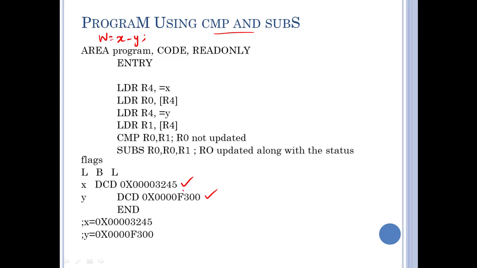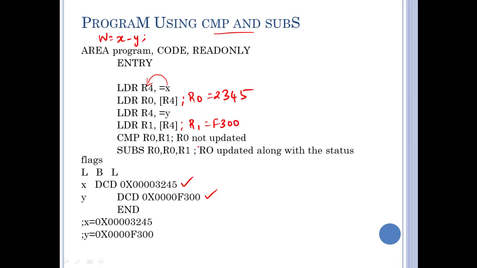First we get the address of X in R4 and take the content of X in R0. So here R0 will be 3245, and again take the address of Y in R4 and take the content of Y in R1. So R1 will be F300.